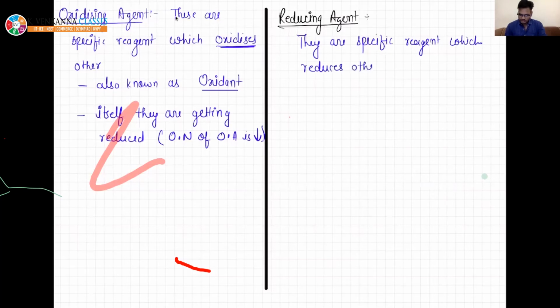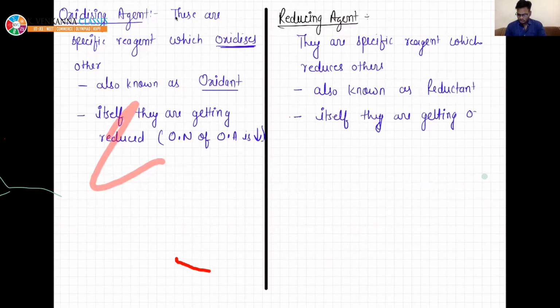It is also known as reductant. They themselves are getting oxidized. That is, the oxidation number of the reducing agent is increasing.